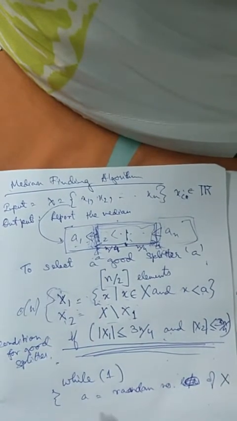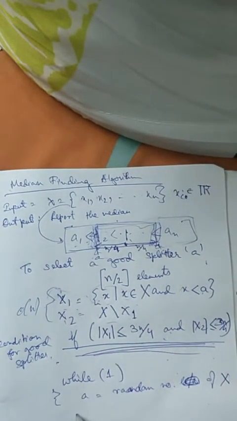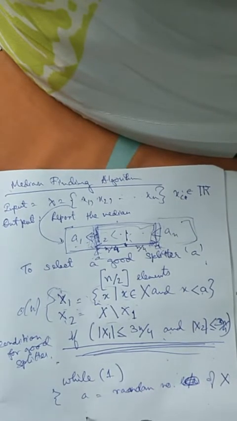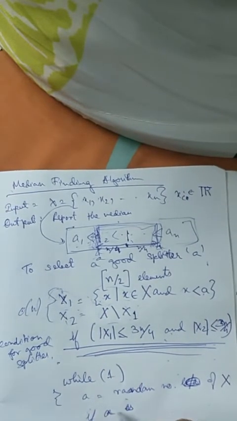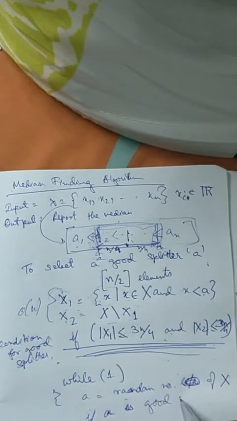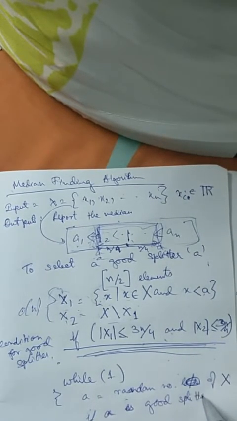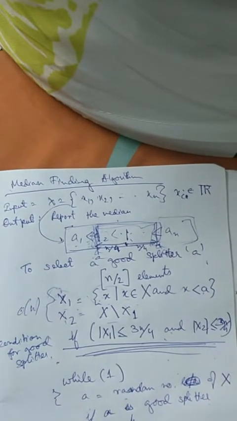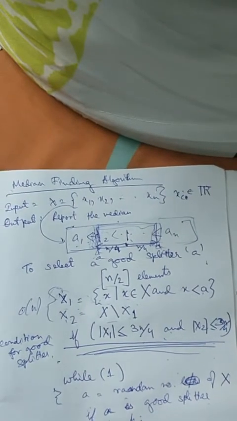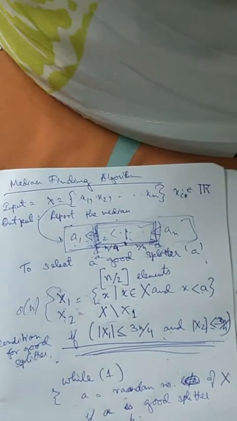If a is a good splitter, then we break. Then we just divide it into two, x1 and x2.